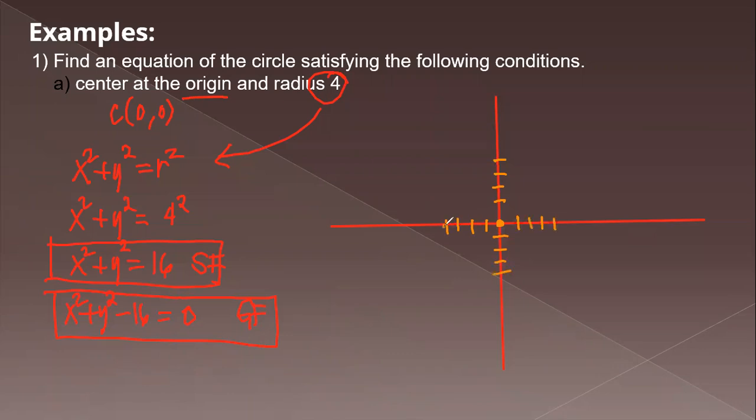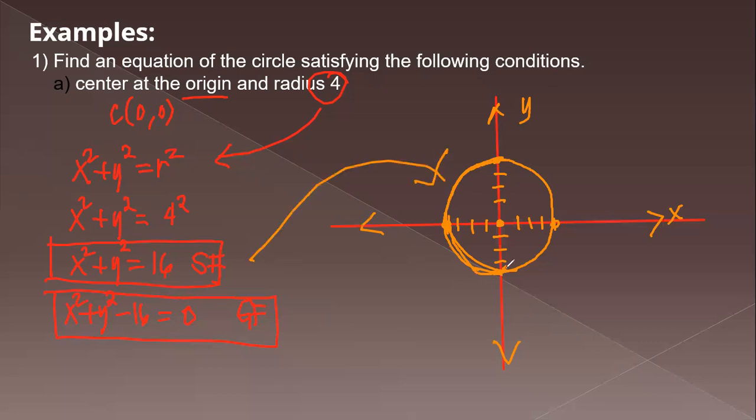Then connect these 4 points para makabuo ka ng circle. Ayan. So that is the graph of our circle. Isipin niyo na lang na yan ay perfect circle. So the graph of this equation will be this one.